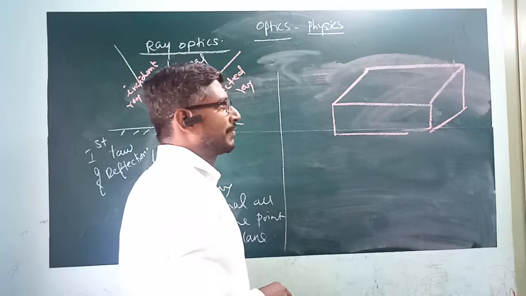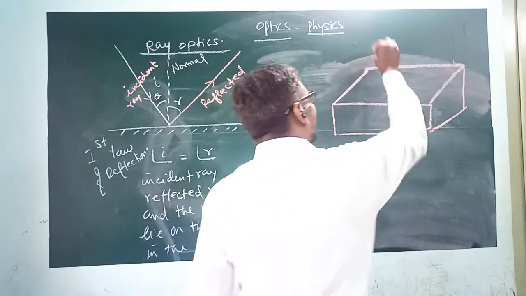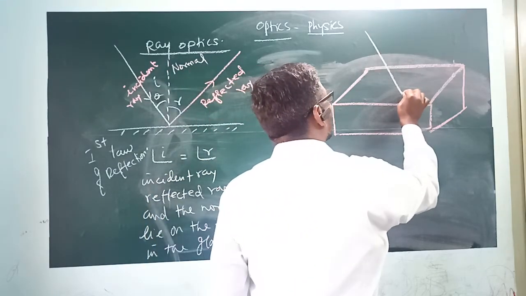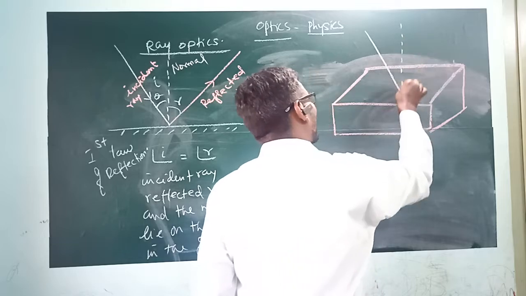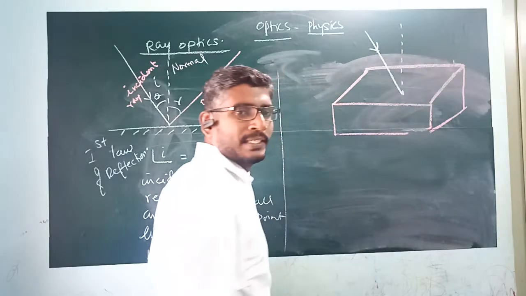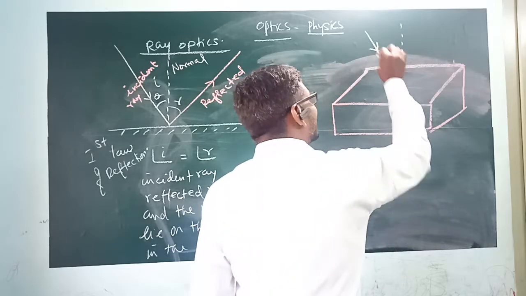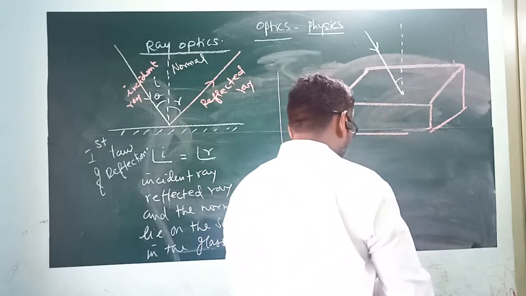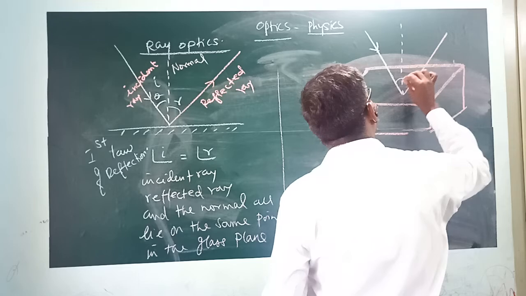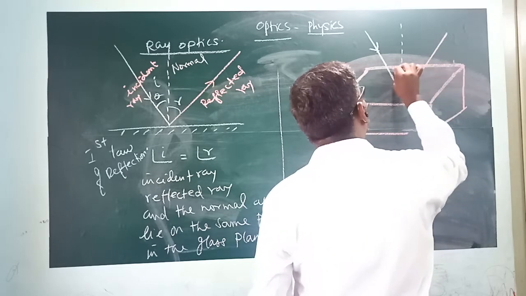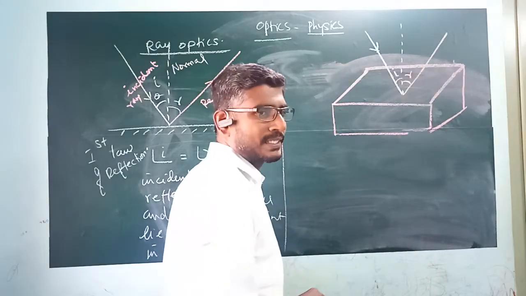This is my glass surface and an incident ray is falling on this. Let us take this point, and this is the normal. This is my incident ray. According to the law of reflection, an incident ray falling on a glass surface will get reflected. This is my angle of incidence and this is my angle of reflection.